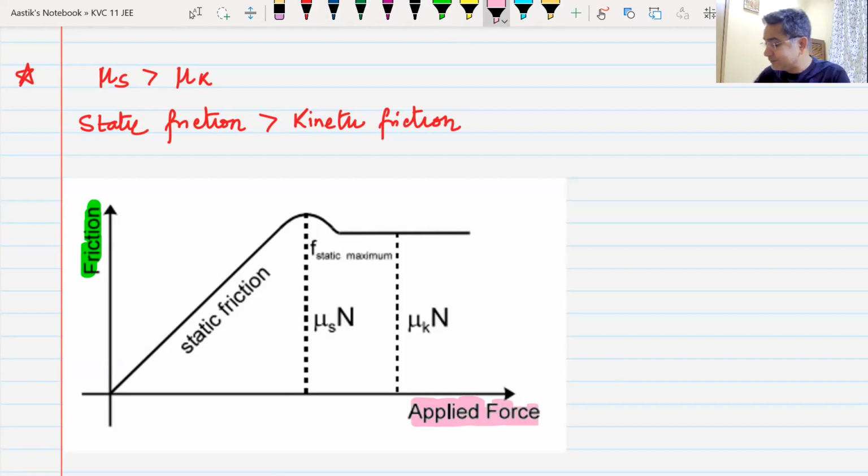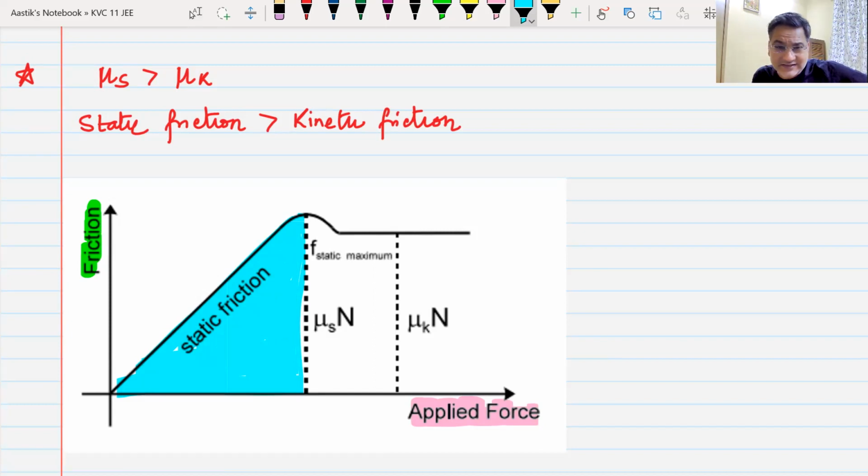Now you can see in this entire blue region, this graph is a straight line. Why is this graph a straight line in this blue region? Because we will find out that the applied force and the static friction have equal values.